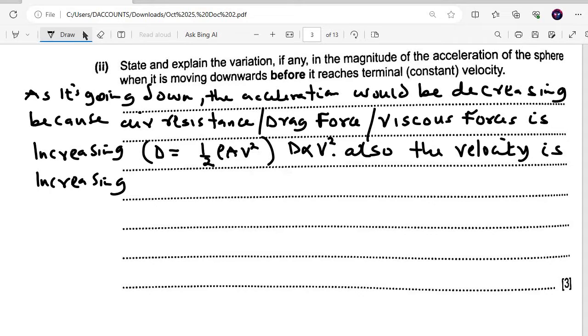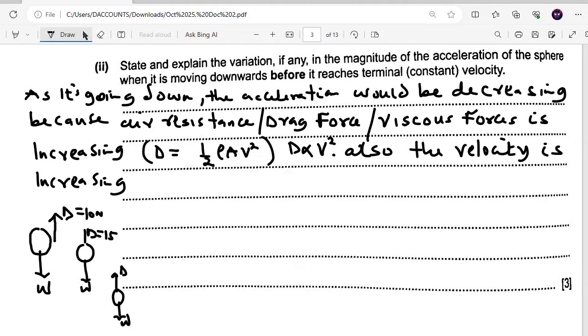Drag force is the resistive force. The weight is constant. As it's falling down, the resistive force maybe is 10 Newton here. When it falls further, the drag force increases again.